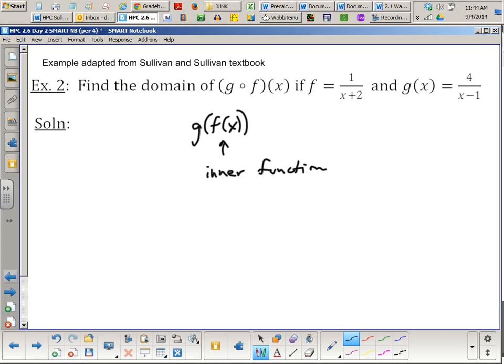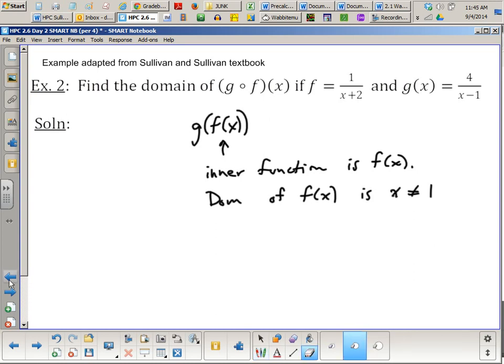Yeah, f of x. And the domain of f of x is clearly what? x is not 1. Correct. No, that was the domain of g. It's negative 2 that's forbidden from f. Okay, you're half done. You can circle that because that's part of your answer later.